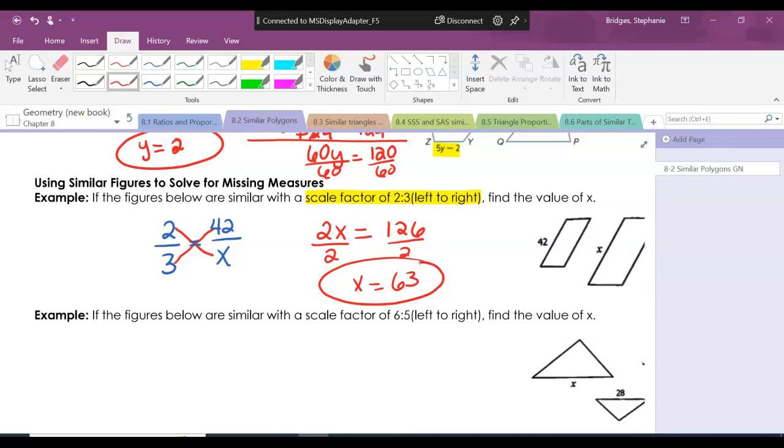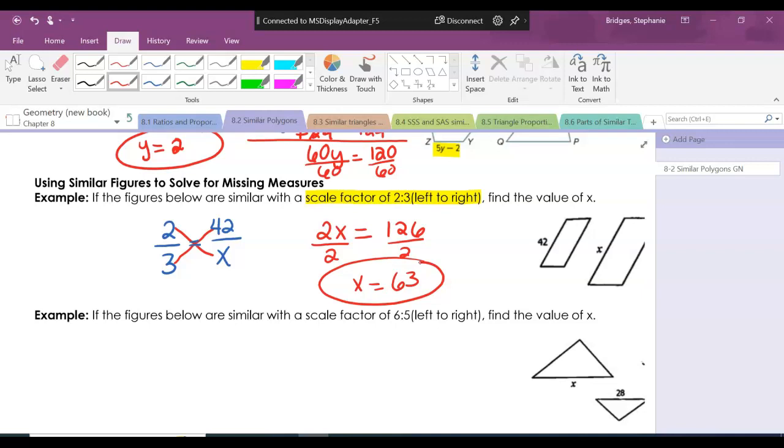Ooh, next one, also tricky. All rectangles are similar. Okay, now let's talk about why. A square looks like that, yes?